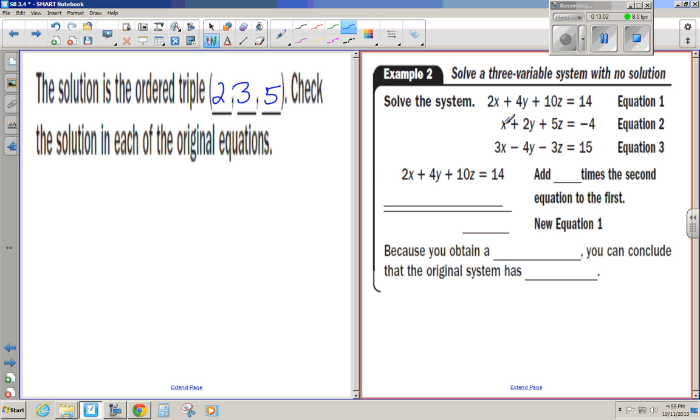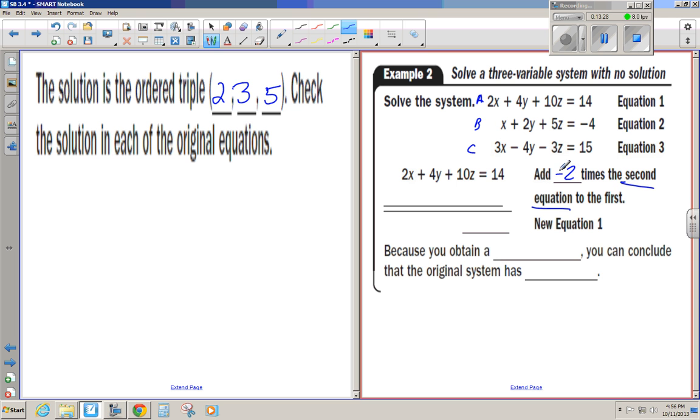So what we're going to do is look at 2x plus 4y plus 10z equals 14. And we need the second equation to be the opposite of that. So this is equation A, this is equation B, this is equation C. Add negative 2 times the second equation to the first.